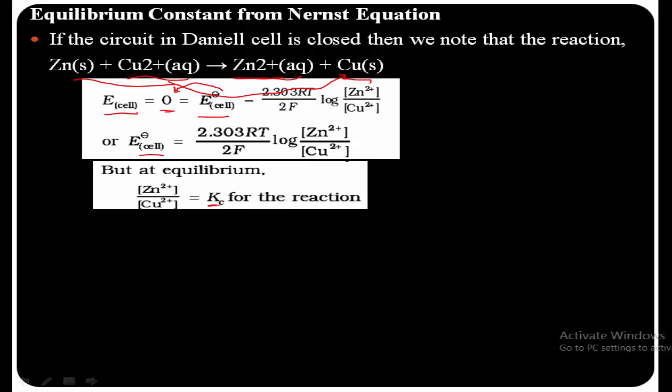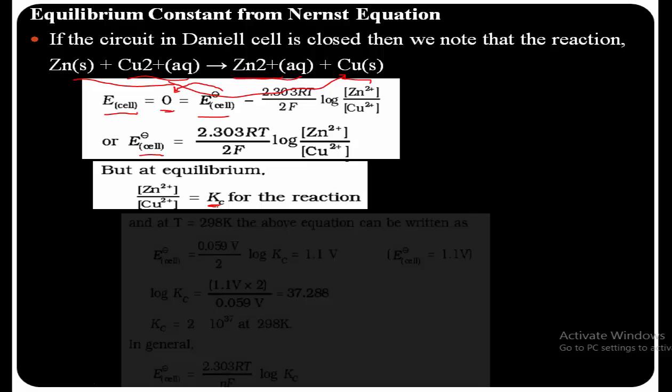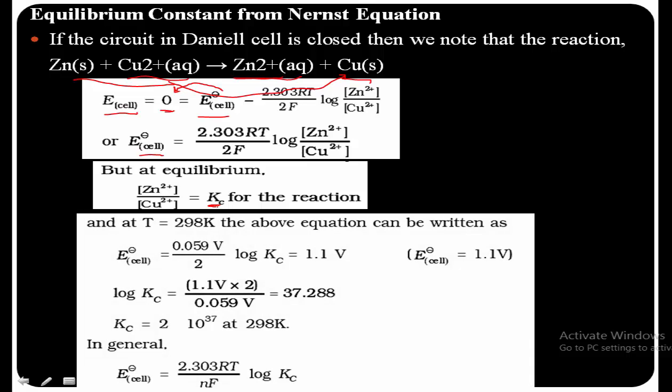Upon taking the ratio, they give a constant value, and that is known as the equilibrium constant, denoted as Kc.